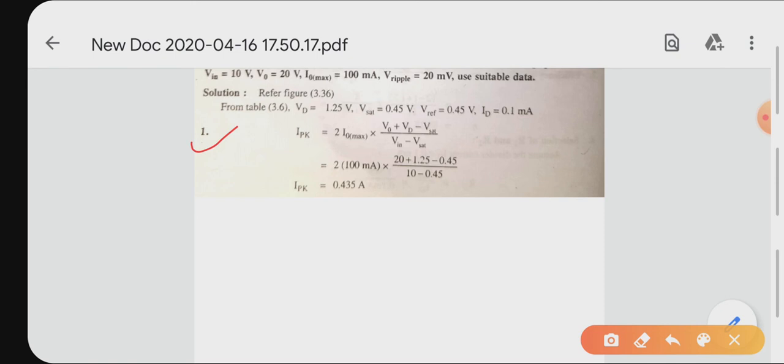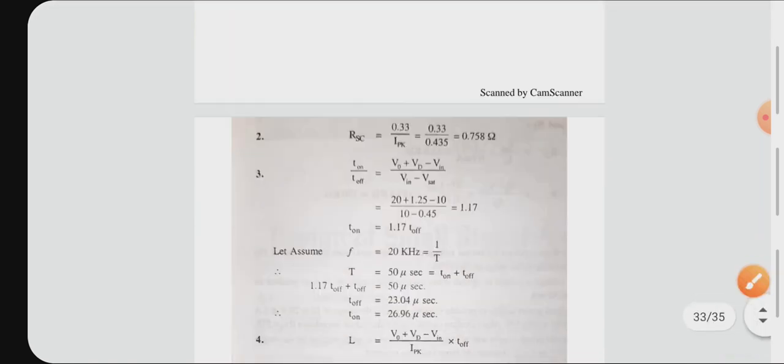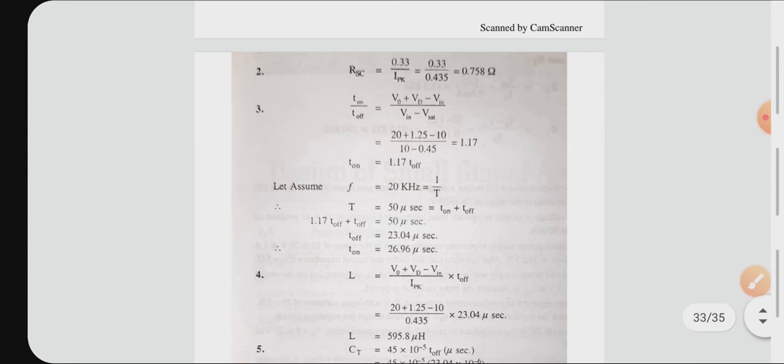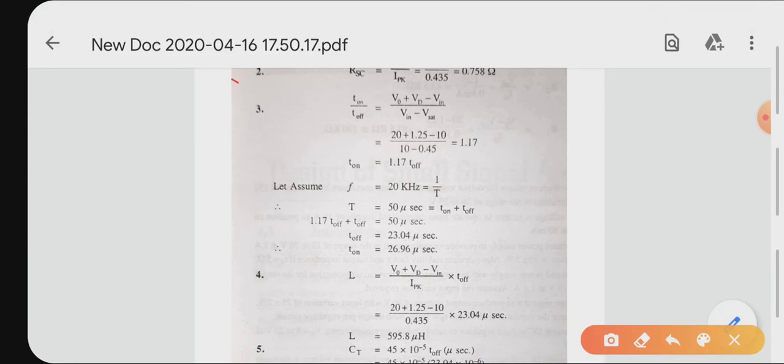Like IPK formula for step up regulator is this, so you keep that formula and calculate the value of IPK. Second, calculate RSC, T on by T off, then L, then CT. By putting the formula, calculate the values, then keep all the formulas in serial numbers, and finally calculate the efficiency.